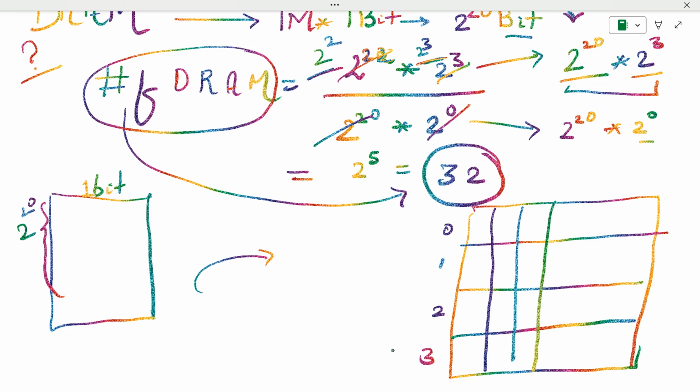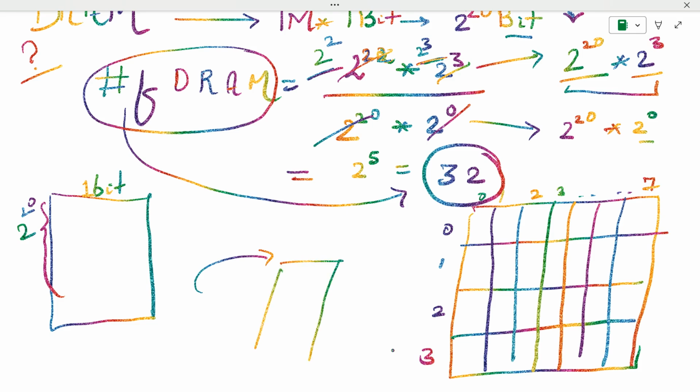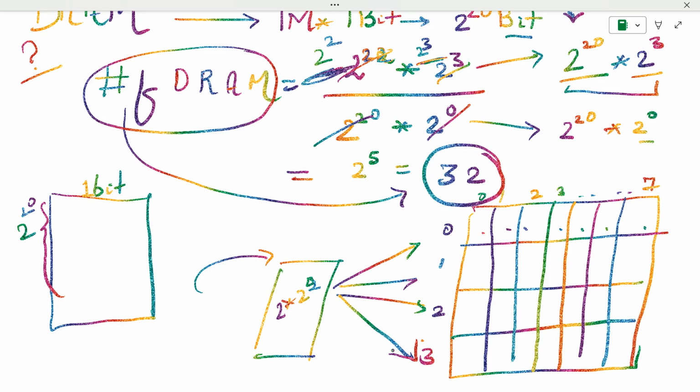That is actually 1 byte, but let's see it in terms of bits. So 0, 1, 2, 3 up to 7. Okay, so this is the memory structure, and for this we need a decoder, of course, and that decoder would be a 2 into 2 to the power 2 decoder, that is a 2 into 4 decoder, to decode these addresses, and each address will be holding a bit of data, something like this, right? So it came from here: number of rows into how many bits each row holds.